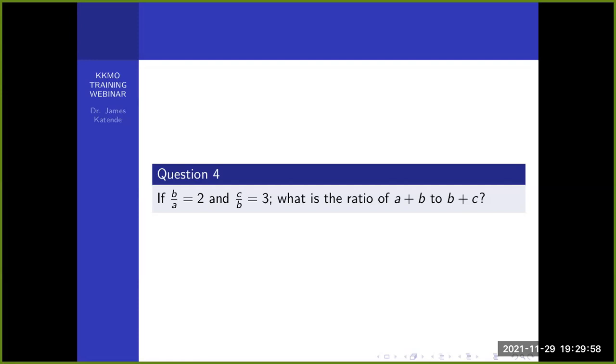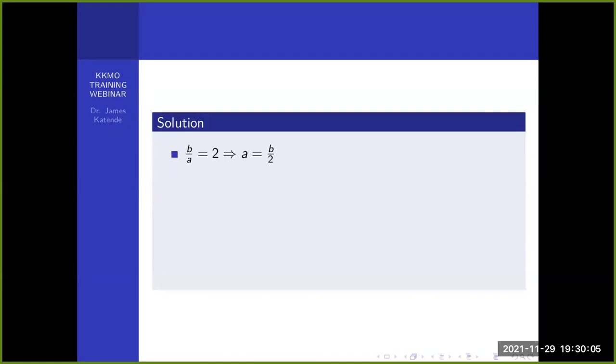Yeah, that works. It's the same idea as we used, though we didn't use A. We used B instead. So we have B over A is equal to 2, which means you can write A as B over 2. We had C over B is equal to 3, which gives you C is equal to 3B. Now since C is 3B, B plus C will be 4B.